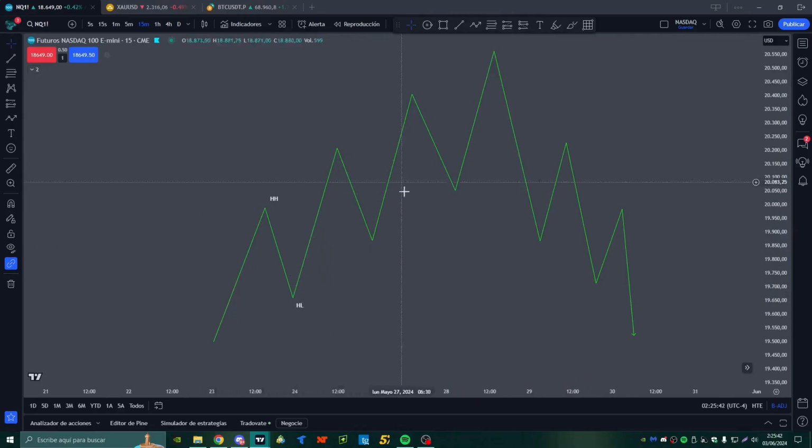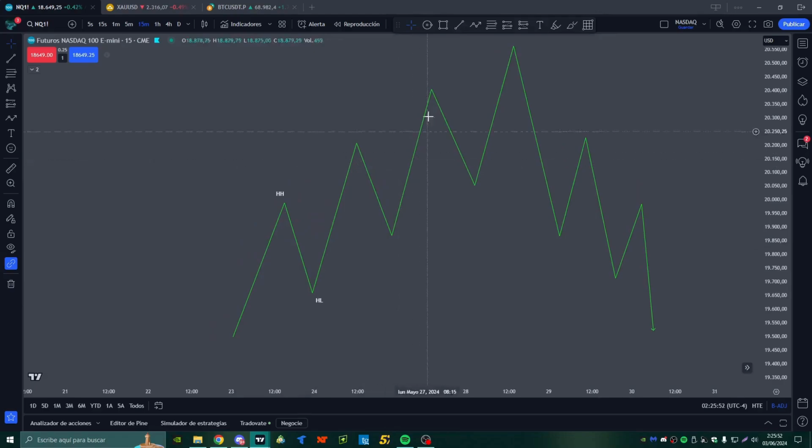What do we want to validate these things? We are going to have two main rules. One, that there is a valid pullback. A valid pullback.